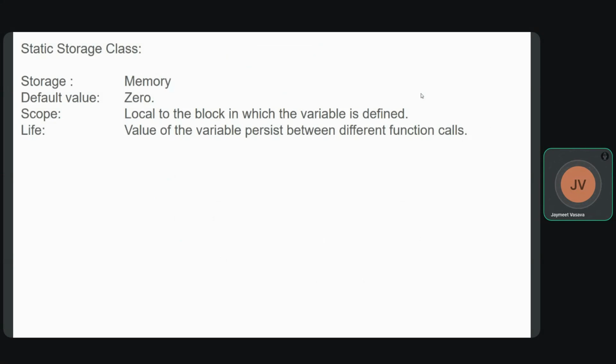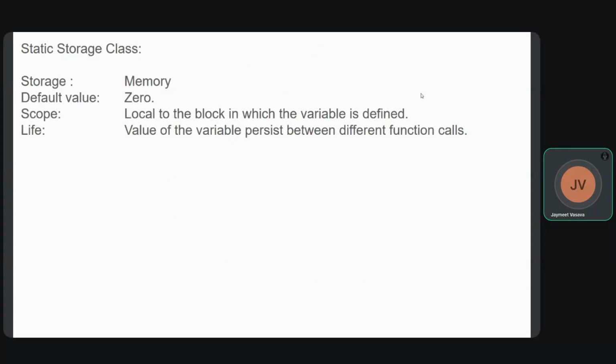There can be functions continuously changing the value of a variable, and those updates will be persistent, which means we will be able to carry forward the value of the variable within different function calls.